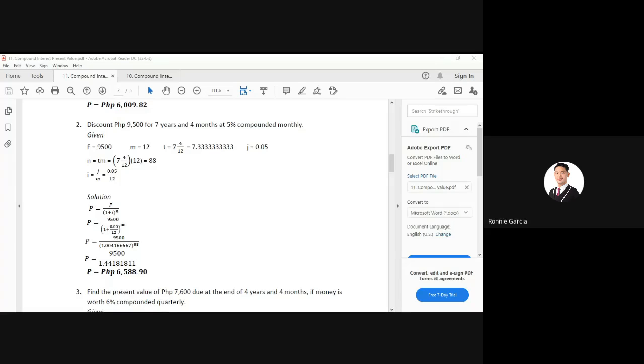Very good, Mr. Casio. He also got 7.33 times 12 is 88. But if you stop at 33, your value might be different, because it is a decimal and not a whole number.